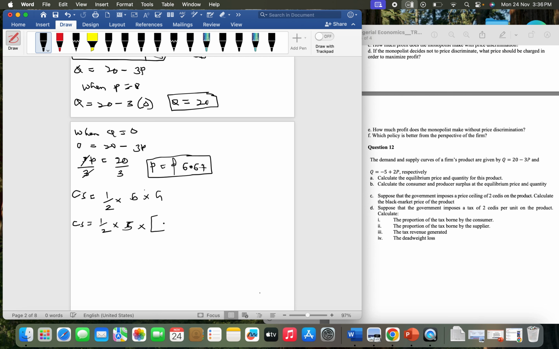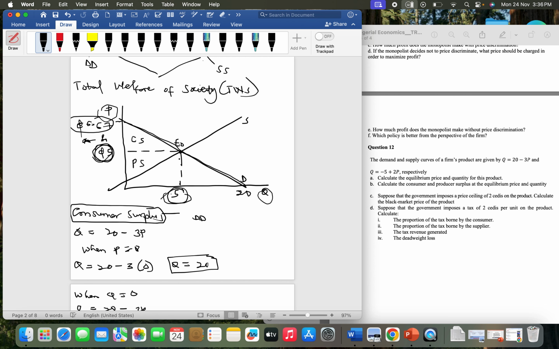Times height. So the height, remember that we want to find the middle. So we subtract 5 from 6.67.